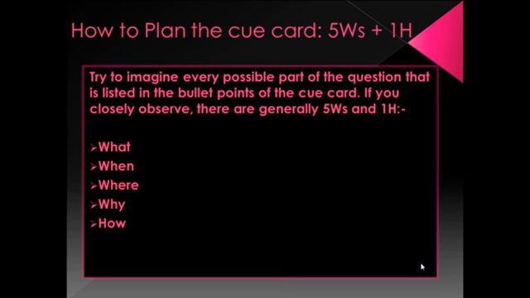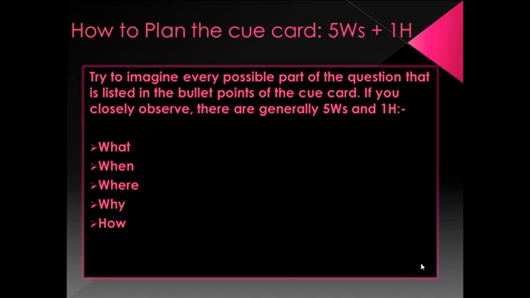So try to imagine every possible part of the question that is listed in the bullet points. If you answer the questions asked in the bullet points sequentially, you will definitely reach that band 8 or above.